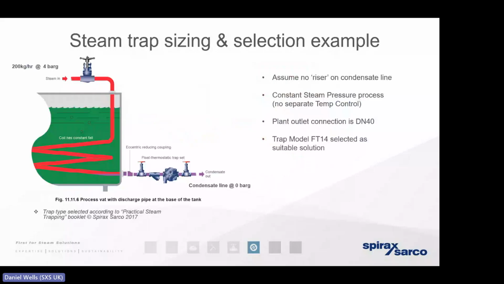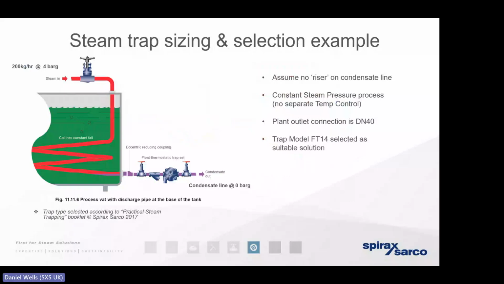So I'm just going to quickly run through a couple of trap sizing examples here. What we can see on the screen is an example of a typical process. We want to use the steam to elevate the temperature of a vat of hot water. We've calculated that we need 200 kilograms of steam per hour and that we need the steam at a pressure of 4 bar gauge, remembering that pressure temperature relationship.